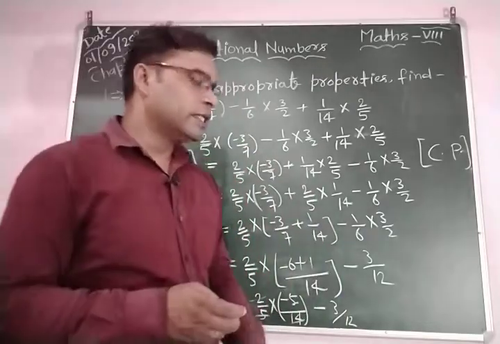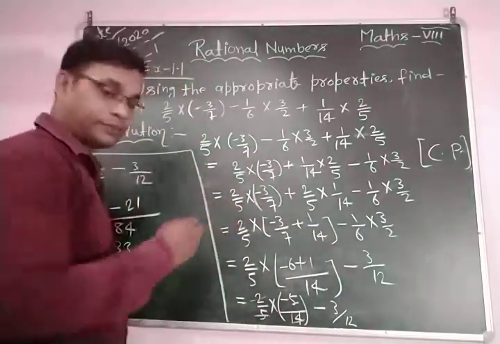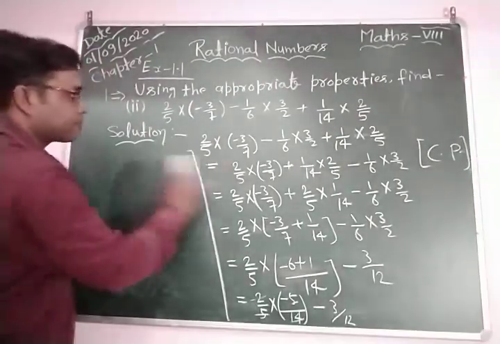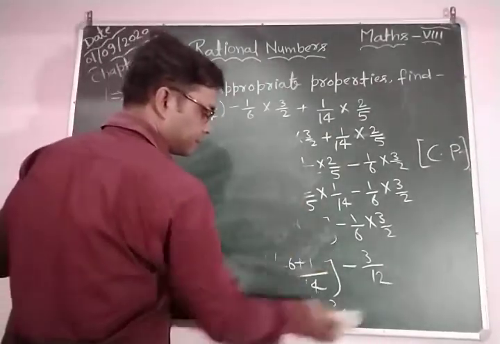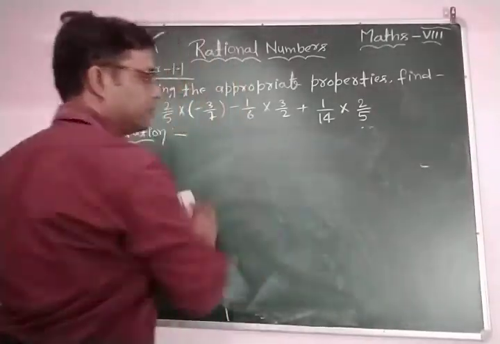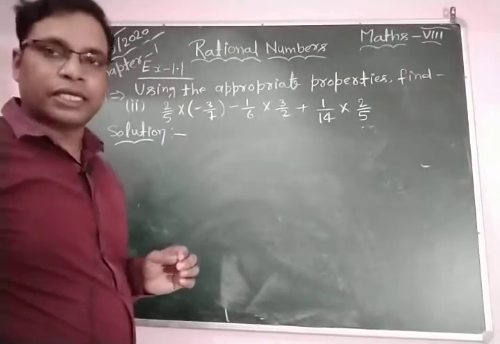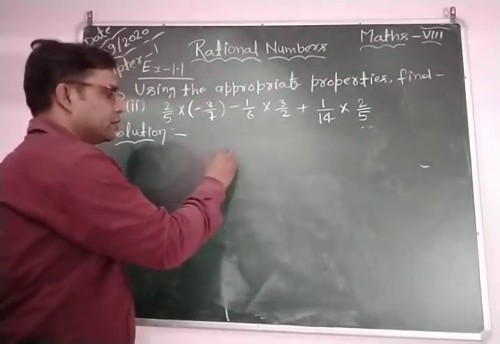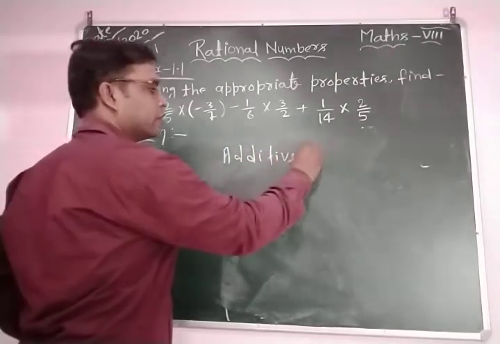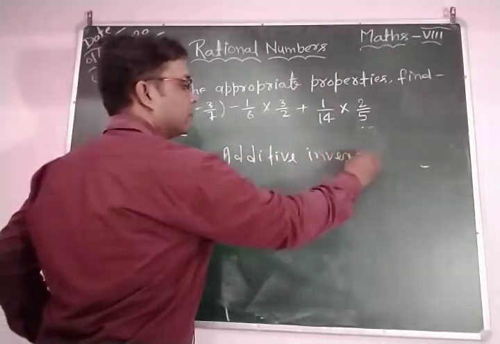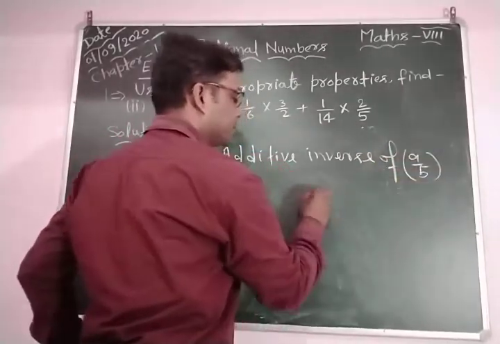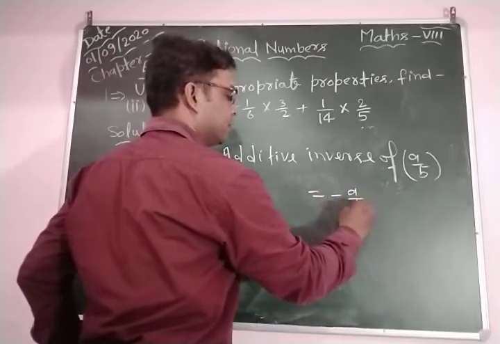If any rational number is given, to ask the additive inverse of any rational number, just change its sign. The additive inverse of a by b is equal to minus a by b.